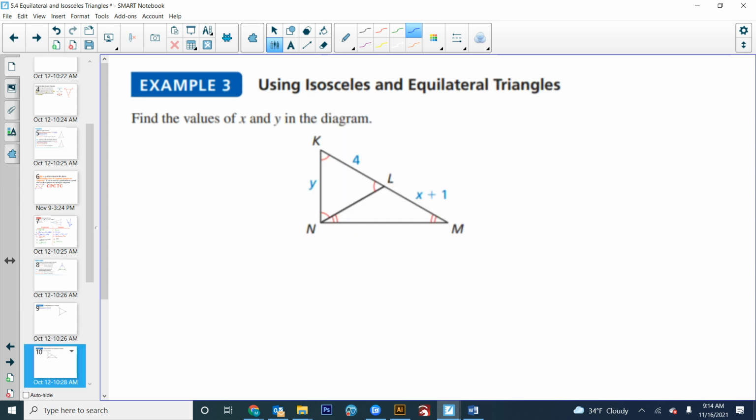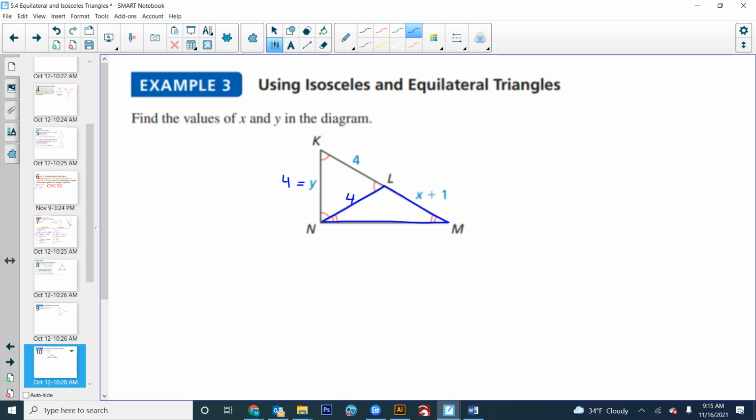All right, what about one like this? Watch up here. This one is equiangular. I can see it's equiangular, so it must be equilateral. So y must equal 4, and this side must be 4. And this one down here, well, wait a minute. Nope. This triangle is classified as isosceles because the base angles are congruent.